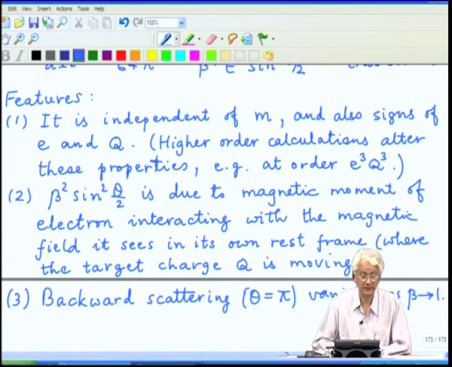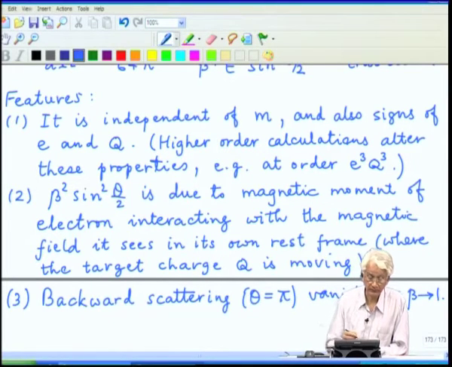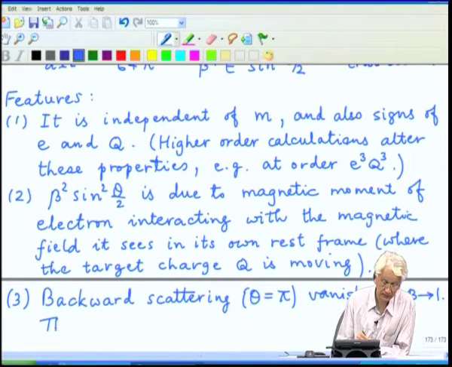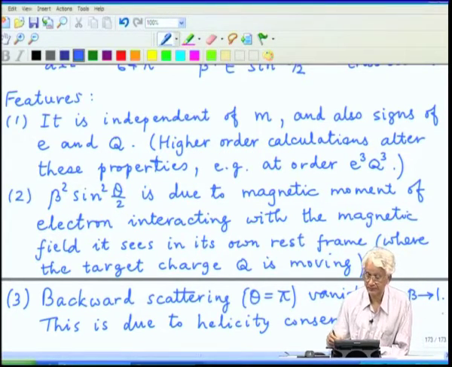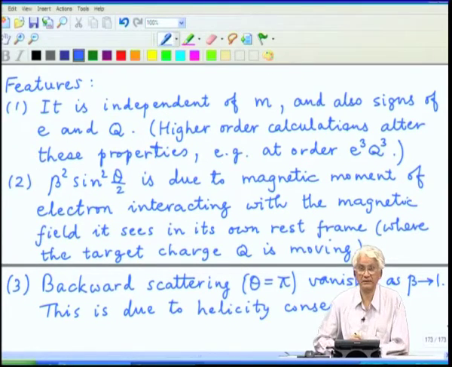This overall factor 1 minus beta square sin square theta by 2 just becomes 0. And this also has a meaning, because this is due to the helicity conservation of the electron.